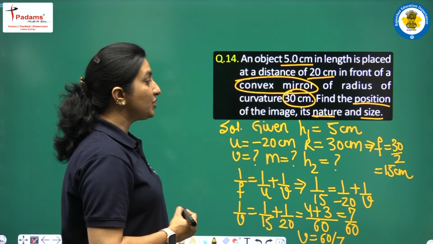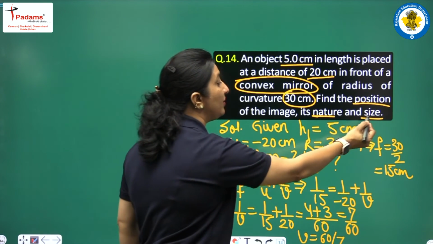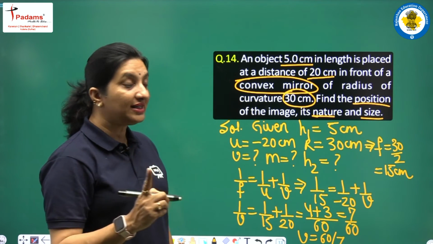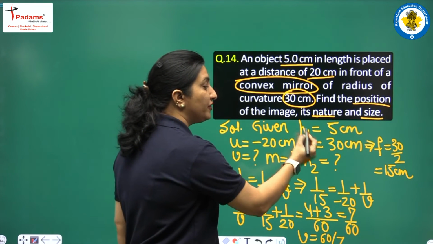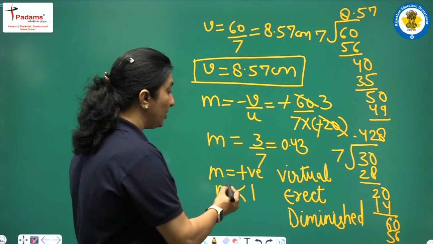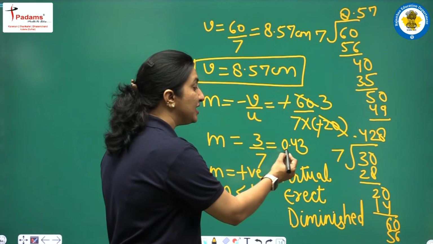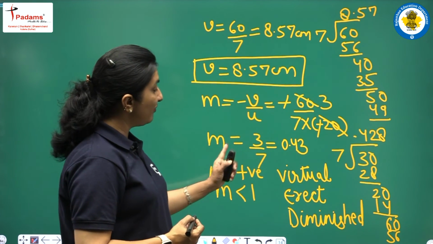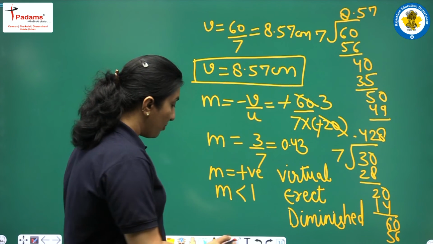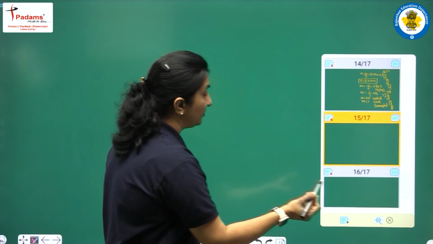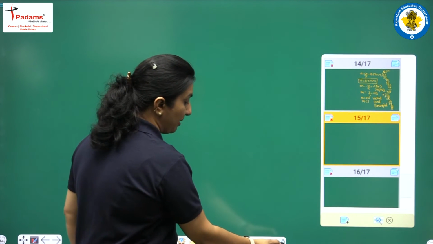So now what next we need to calculate? We need to calculate the size also. Now in order to calculate the size, the height of the object is given as 5 centimeters and we have calculated the value of m as 0.43. So what we can use is, we can use the value of m as 3/7.